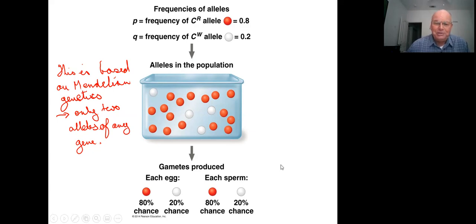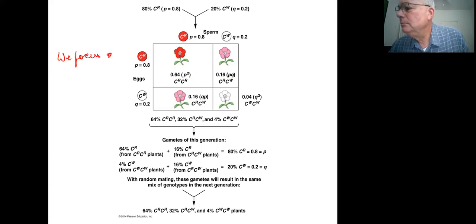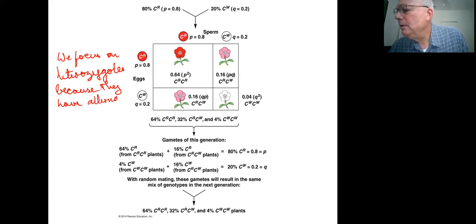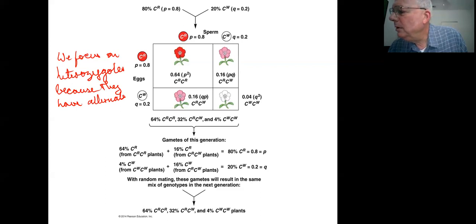If we then apply the Punnett square to this, we focus on heterozygotes because they have alternative outcomes.